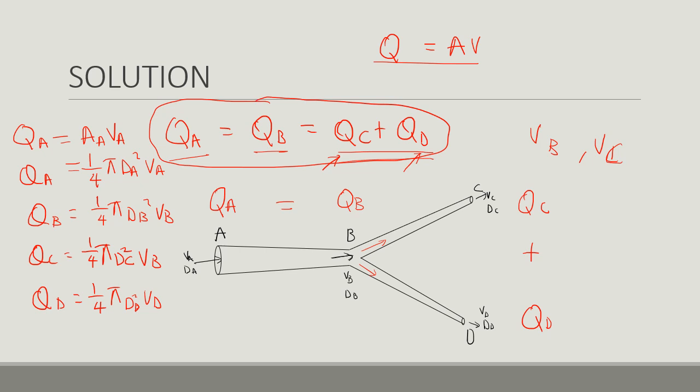Okay, now using this equation, QA is equal to QB, which is equal to QC plus QD. Let us try to solve and see what we can get. Firstly, let us solve QA is equal to QB.